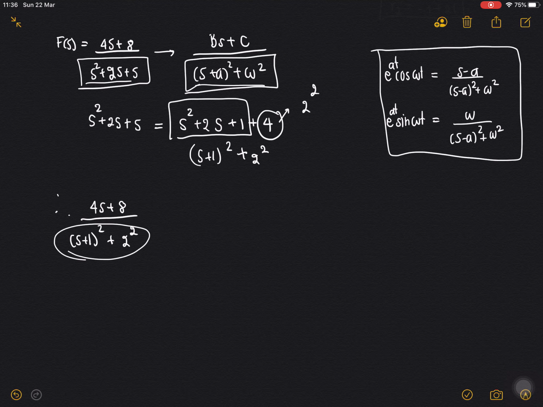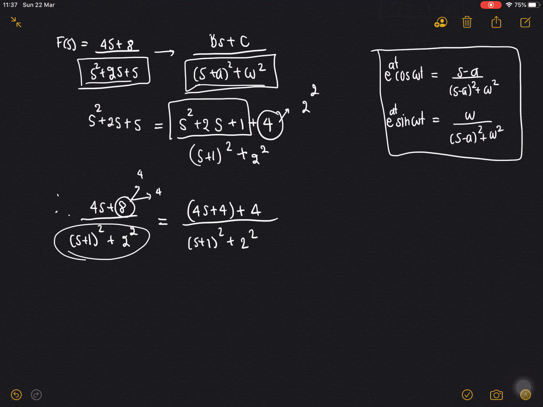Alright, so then for the numerator part, we will have 4s plus 4, and that's adding up with 4, right? So from x here, we separate that into 1 times 4 and another 4. So you divide that by the denominator, that remains the same.